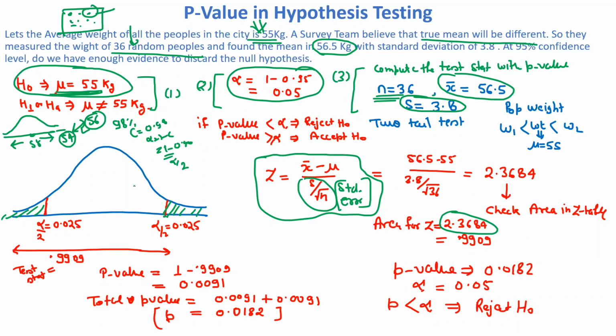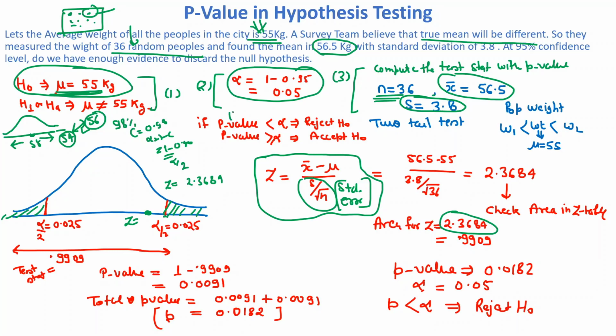Because we are getting the Z value equal to 2.3684, let us say Z is equal to this. But how does the p value work?